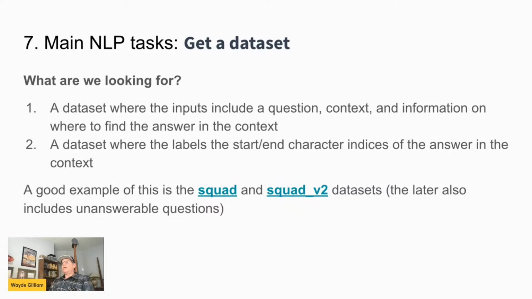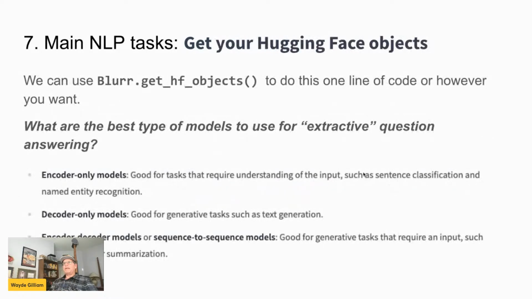The version 2 SQuAD dataset also includes unanswerable questions. So in addition to figuring out the start and end tokens of the answer, you could also add a third task, which is a simple classification: is the answer in there or not? Is it answerable or not? So those are two datasets to look at.